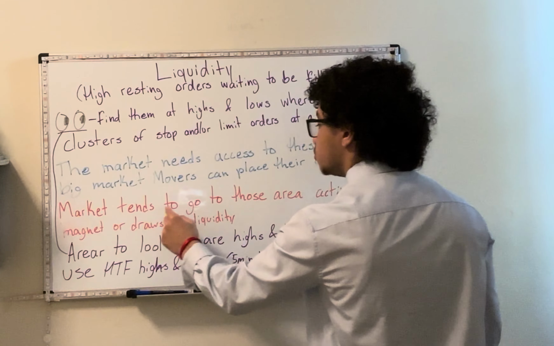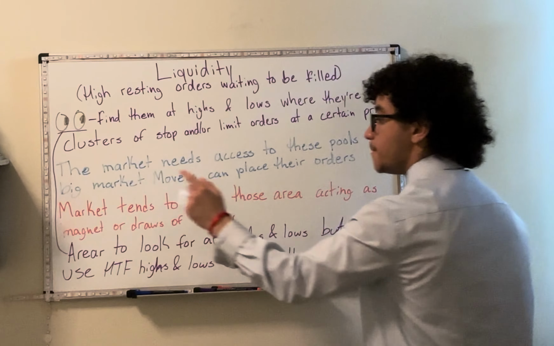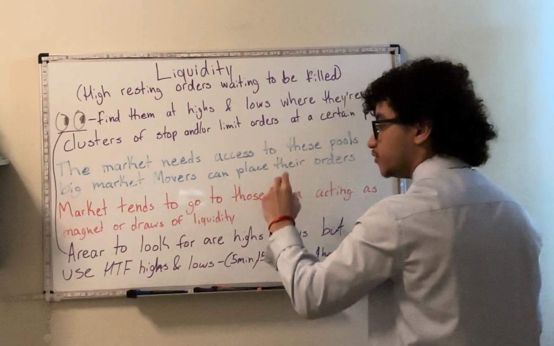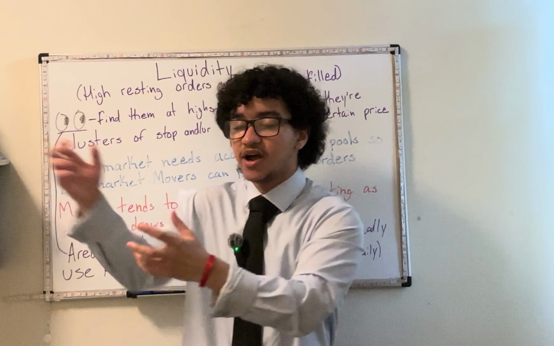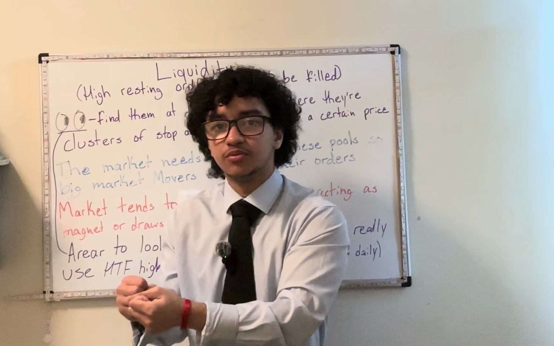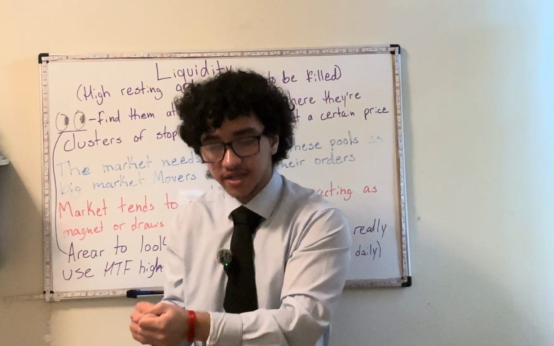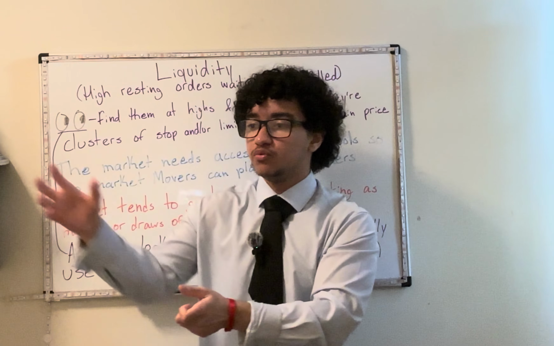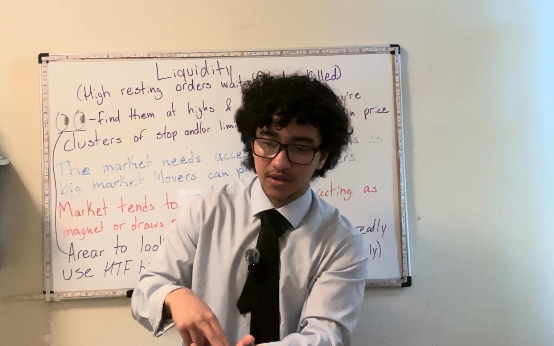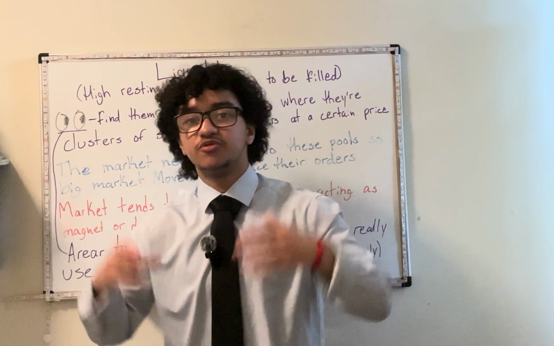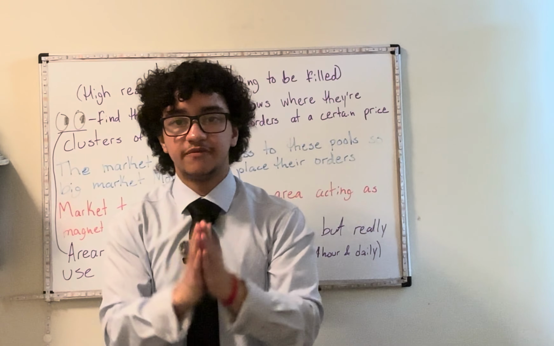Markets tend to go to those areas, acting as magnets or draws of liquidity. We say draws of liquidity because we're drawing the price to that liquidity pool. Banks draw it to that point, then in turn use it to boost it back up. I hope I'm explaining it simply.